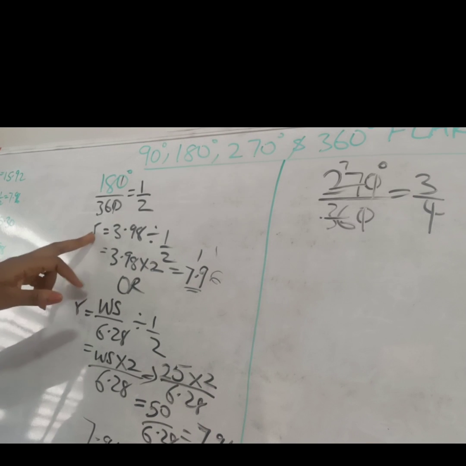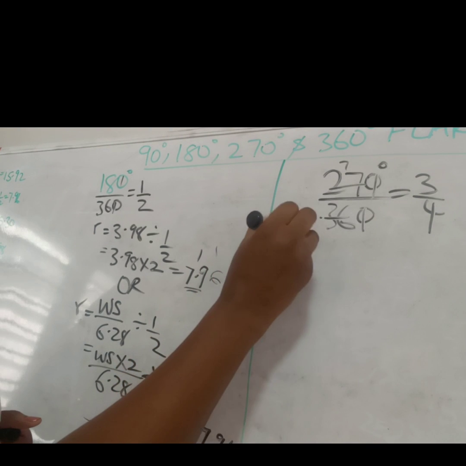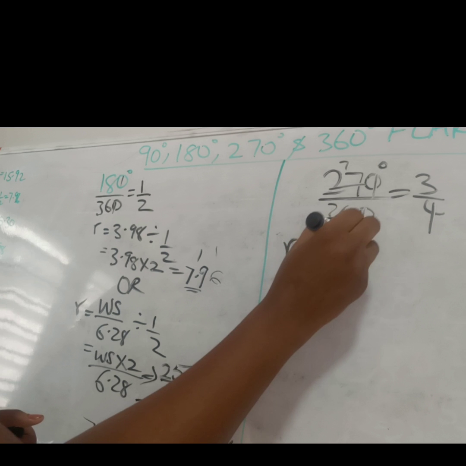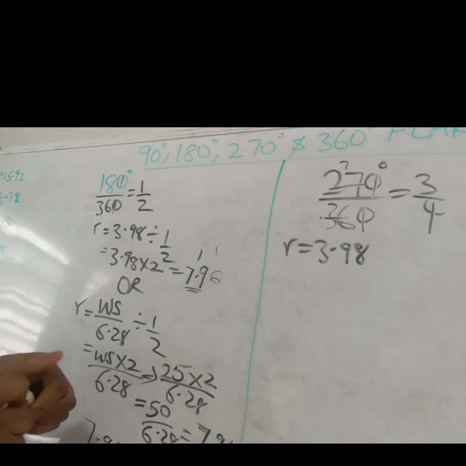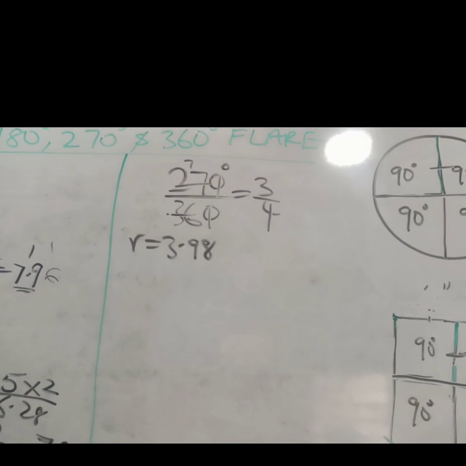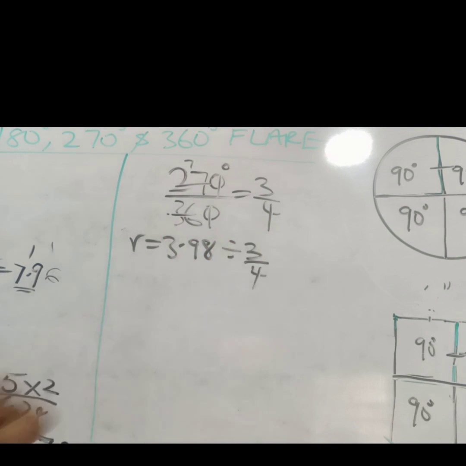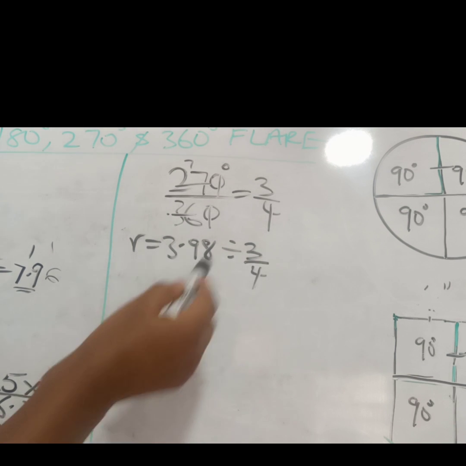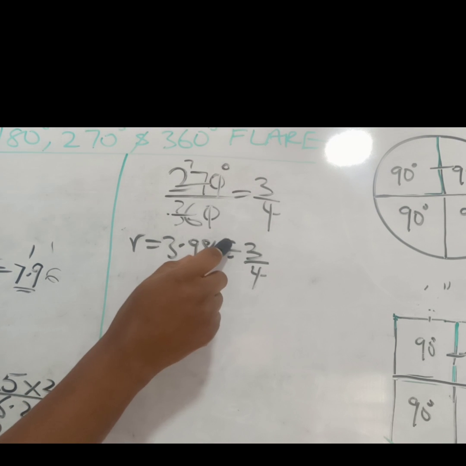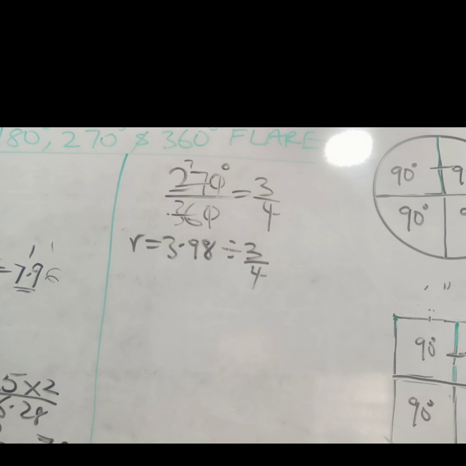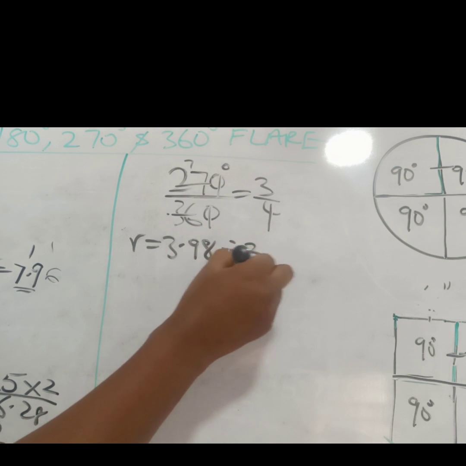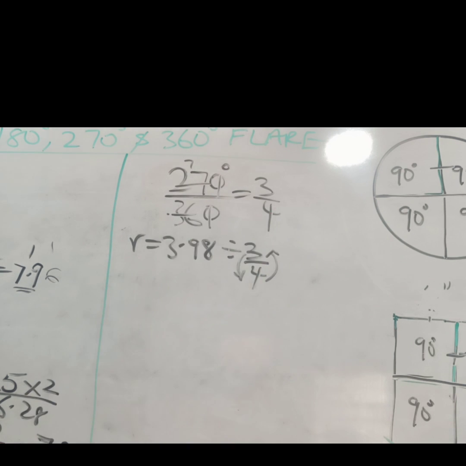From this first method, the radius you are still working with is 3.98. Just the same way we divided by half, this time around we are going to be dividing by 3 over 4. And then to convert this division to multiplication, the numerator will come down, the denominator will go up.